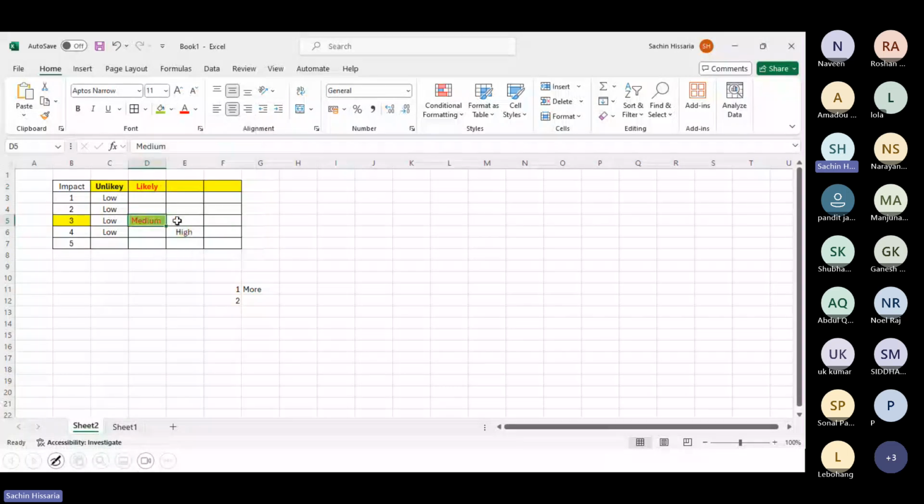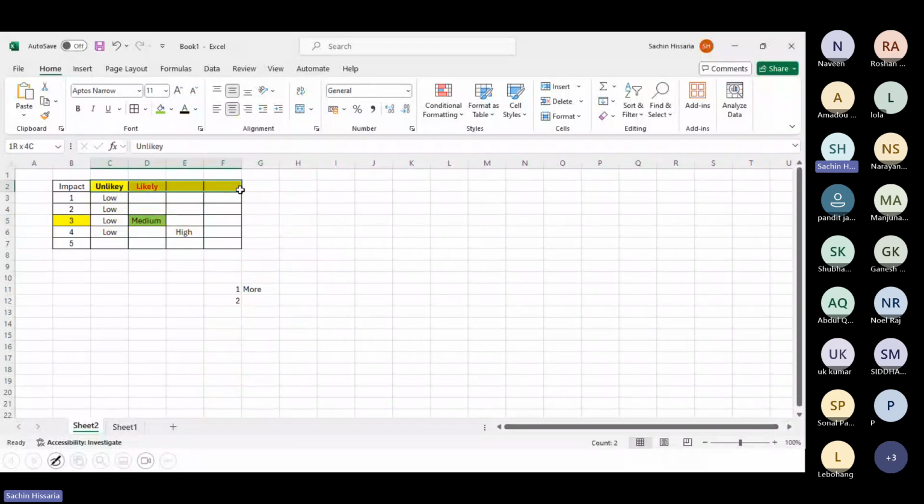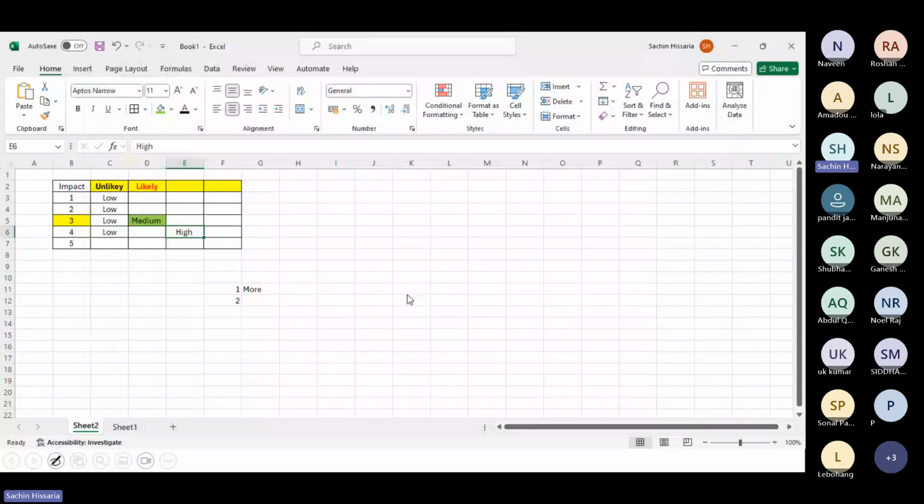If your company is using this kind of metrics, this is how you need to assess. First assess the likelihood of that observation, then assess the impact in terms of 1, 2, 3, 4, 5, and whatever is coming, choose that as the audit risk rating. Okay, clear? Yeah, this is, I would say, a bit lengthy method.